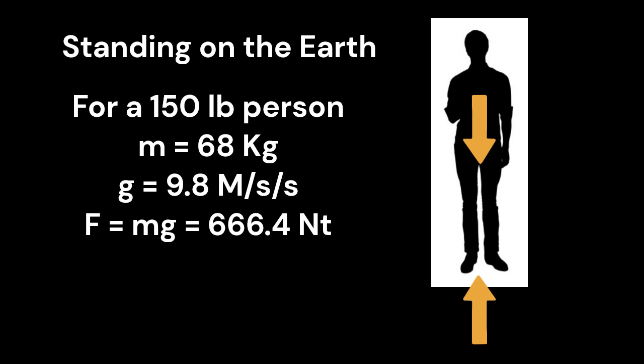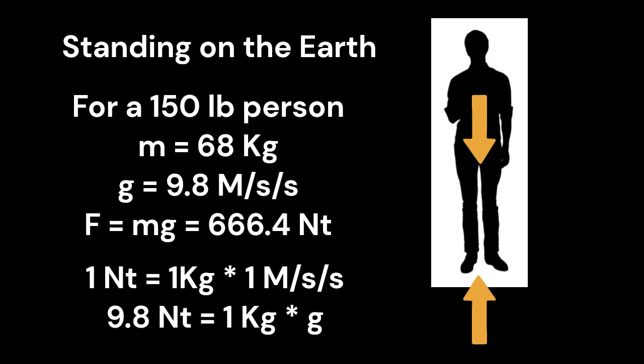That's a weight, but the mass is actually 68 kilograms. The g, the acceleration due to gravity, would be 9.8 meters per second squared if in free fall. And m times g is the weight, 666.4 newtons. Newtons is the unit of force in the metric system.